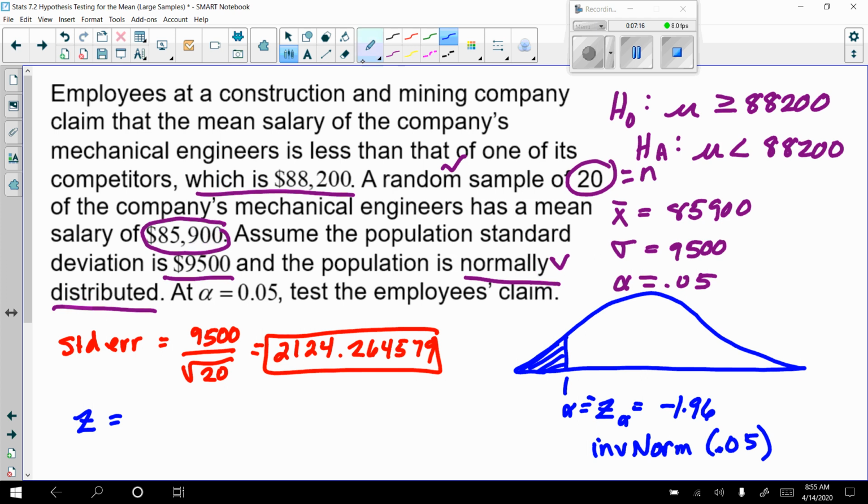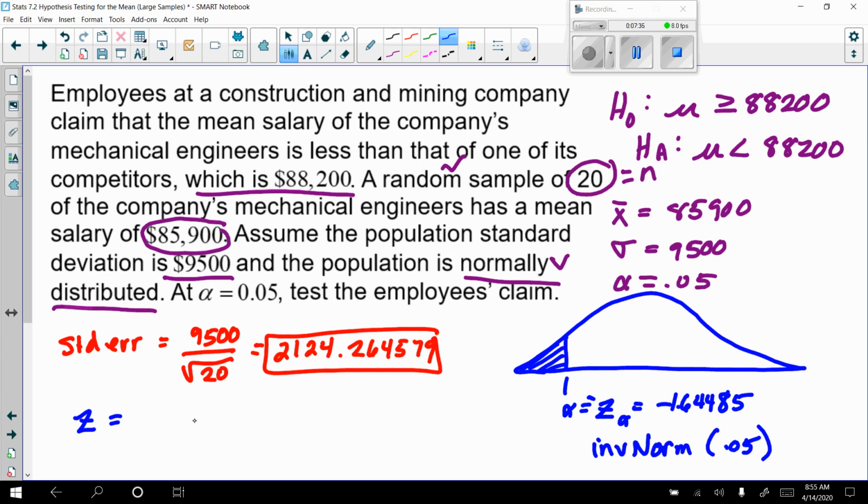That's not right. I just did it. I wrote down the wrong number. It's not that. It is negative 1.64485.